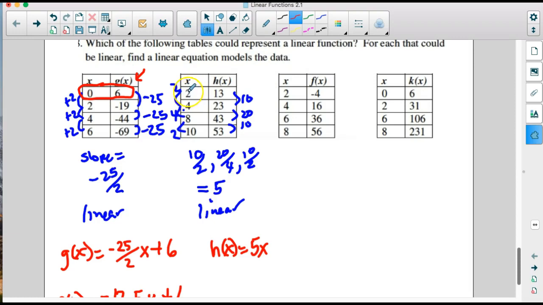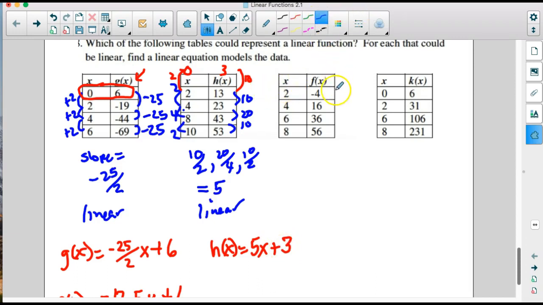We're going 2 up, so if we go 2 down to 0, so if we go another 2 here, then we would go another 10 here, so that would mean this value is 3. So I would then put 3 here. Just using the chart to help me get back to 0, I would use that same ratio, 10 on this side and 2 on this side, to get back to 0, so that I have a point that I can use for my y-intercept. And I would do that again on this example if I have to.